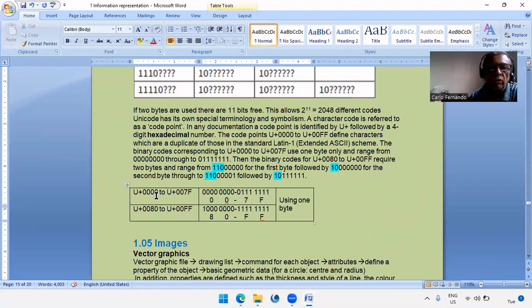So U+0000 to U+007F. This is a kind of summary. 7F, that is using 1 byte.